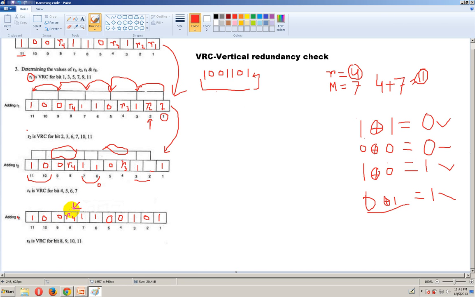The position of redundancy bit 4 is 8, so we start from 8 and check until the end. 1 2 3 4, and after that there is no more data, so it's only 4 bits. There is nothing to skip, so we just check these 4: 8, 9, 10 and 11.